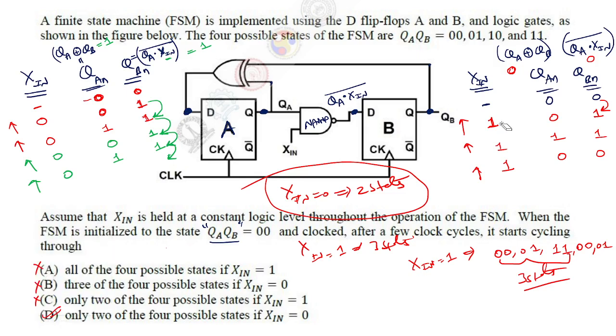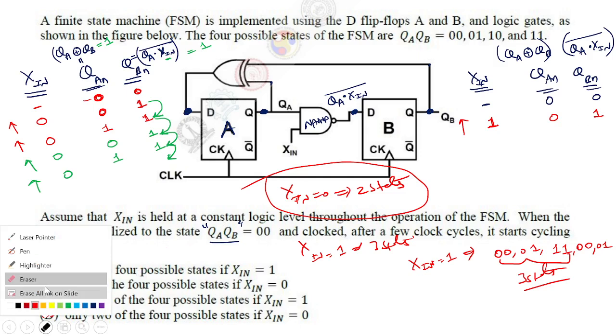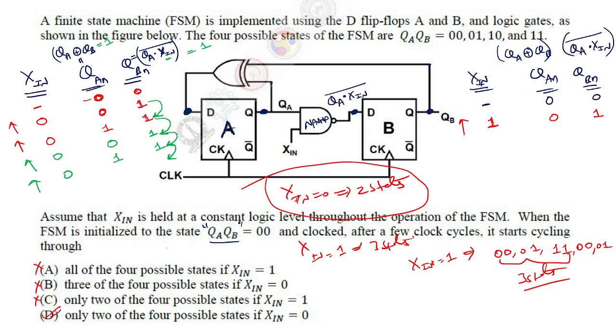Okay, for X in equal to 1, now which combination? For 0, 1, you are saying. Should I repeat it here? Okay, fine. So let's say QA XOR of QB is 1, right?